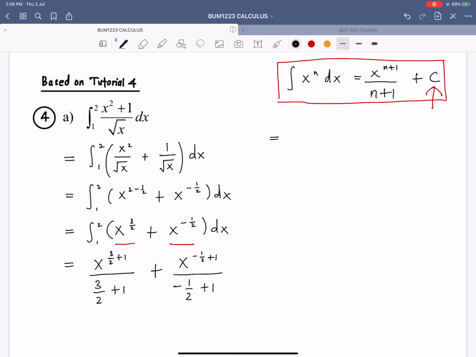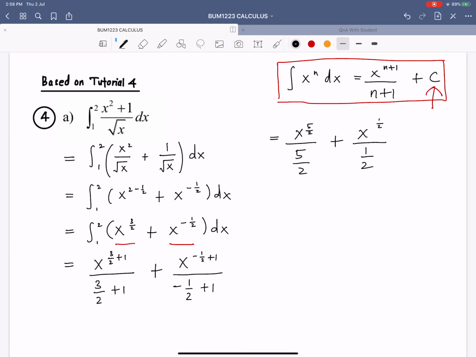This is equal to x to the power of 5/2 over 5/2 plus x to the power of 1/2 over 1/2.